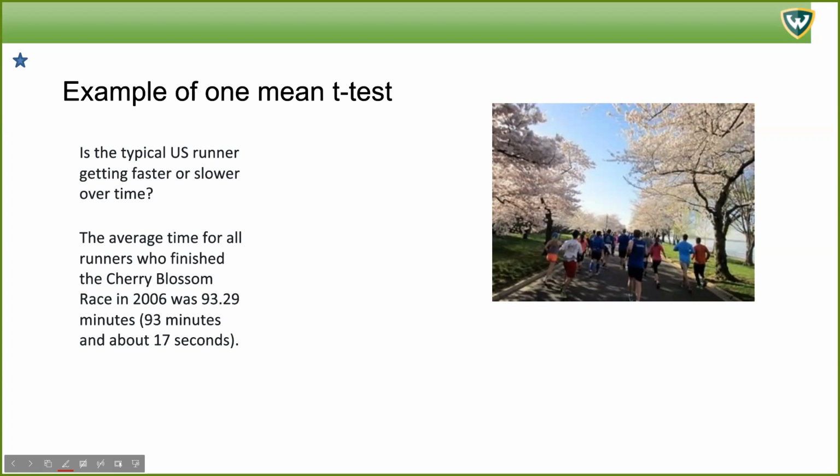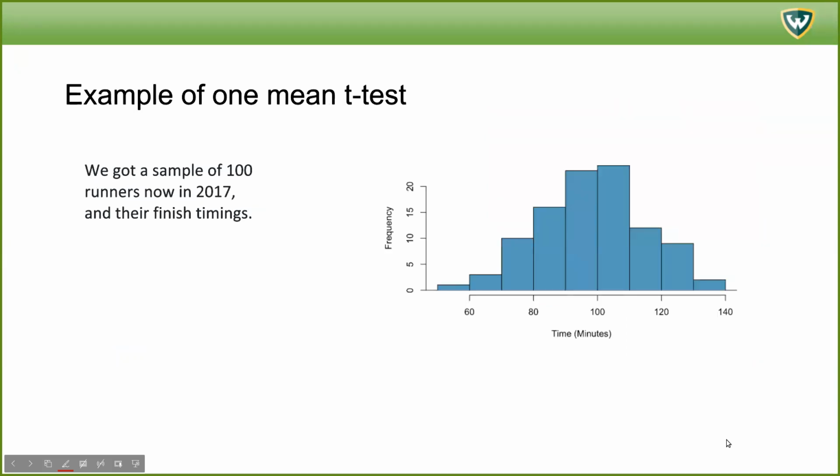And once again, how are we going to do that? Well, we're going to get a sample of data. Suppose we got a sample of 100 runners from the Cherry Blossom race in 2017, and their finish times, how much time it took for them to finish.